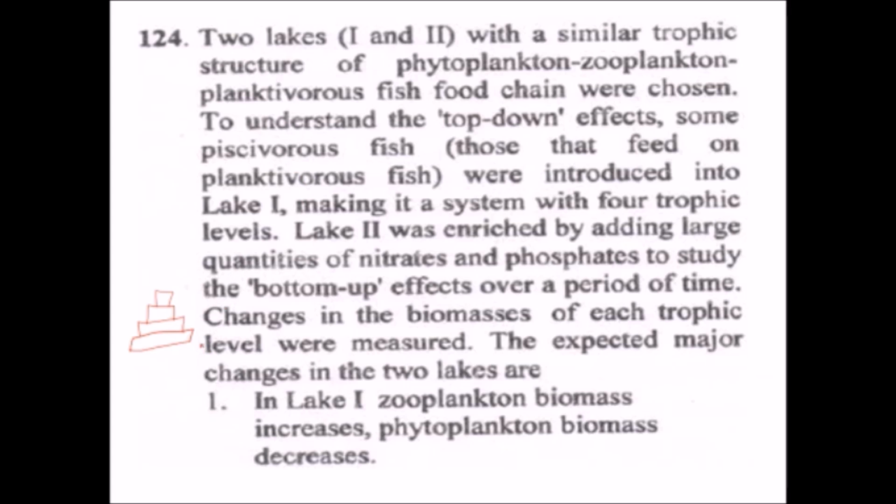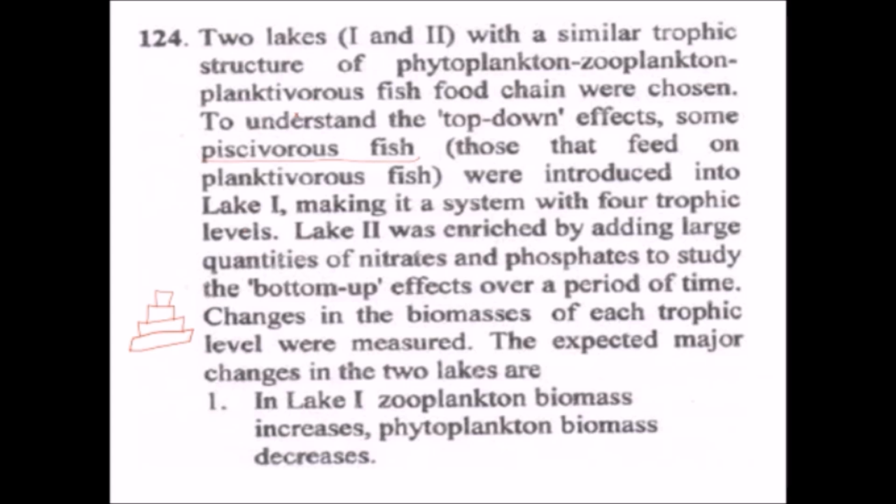To increase the trophic level in Lake 1, piscivorous fish are introduced, and these feed on planktivorous fish. So once these are more, what will happen? In Lake 1, zooplankton biomass increases, because if the piscivorous fish feed on planktivorous fish, the one dependent on zooplankton will decrease.